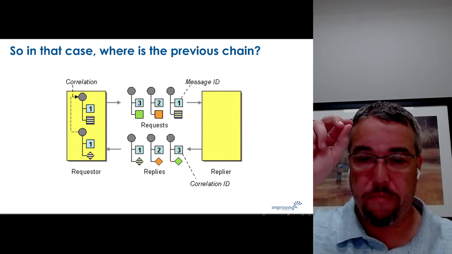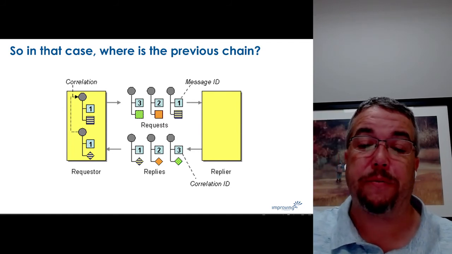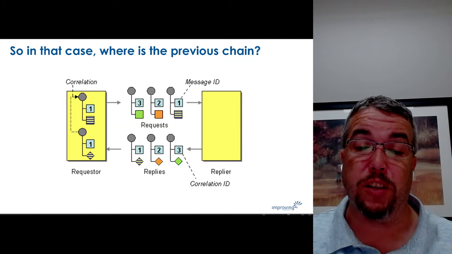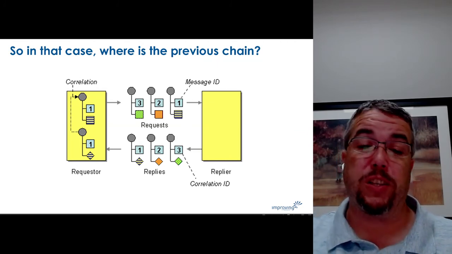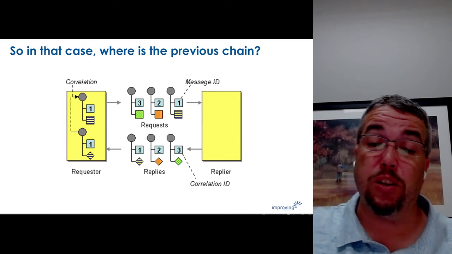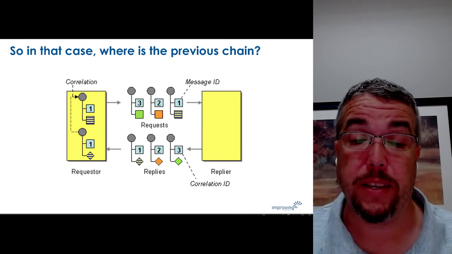Likewise, the correlation from the API gateway calls the BFF. No parent there, still correlation 123. The BFF calls the user service. Still correlation 123, no parent identifier involved.